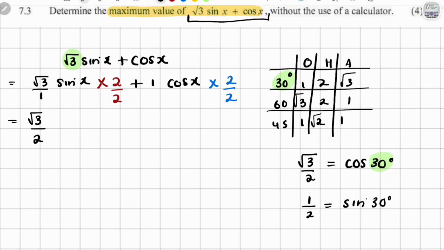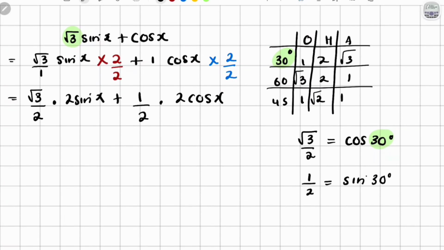Then we have sine of x times 2, which I can just leave as 2 sine x. Likewise with this, I'm also trying to form a half. So it's like the 1 times the 2, but I'm just going to take the 2 and put it over that 1. So it's like 1 over the 2. The 2 is gone, and then cos of x times 2 is 2 cos of x.